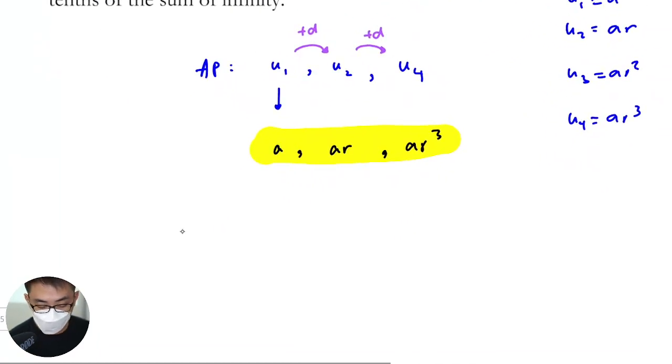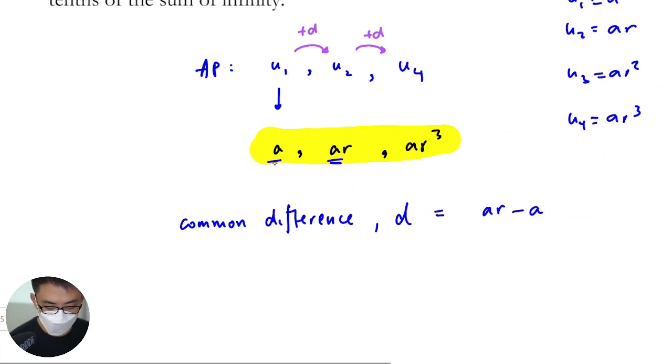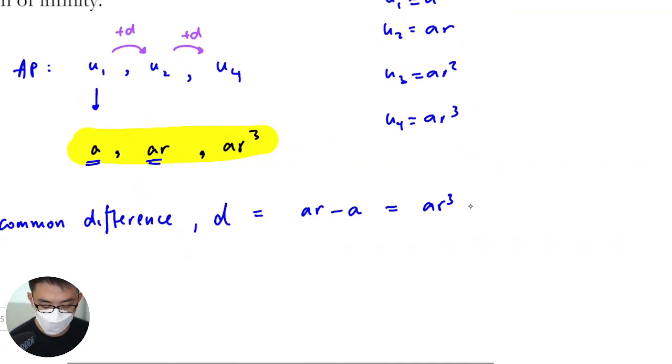So what we can do is use the common difference D, which will be AR minus A, this minus of this, and also AR cubed minus AR.